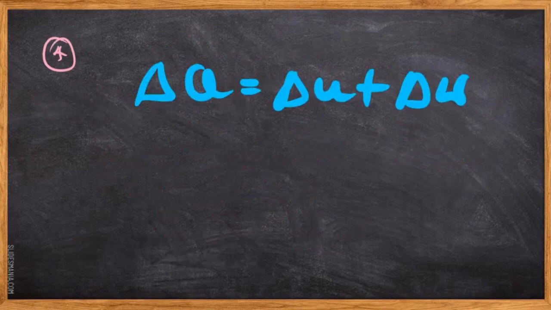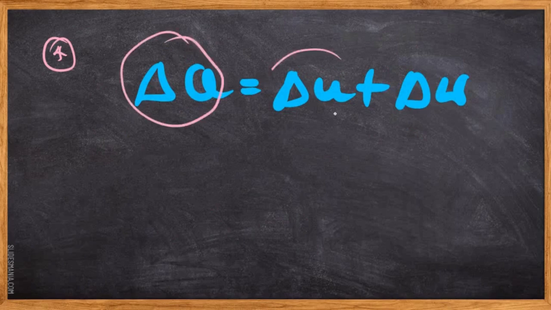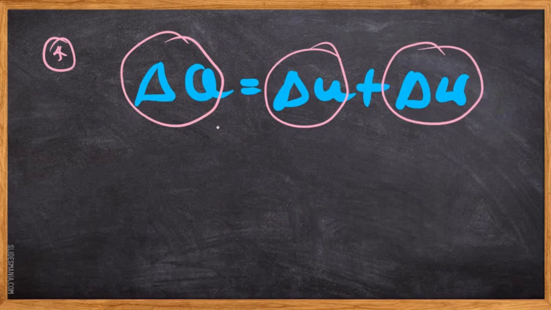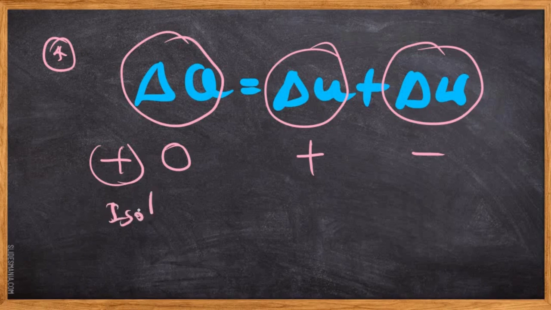Moving on to the fourth one. Here delta Q, delta U and delta W are the basic points. They will be giving a table saying this is plus, this is minus, this is 0, this is plus, likewise. From the question, we need to identify whether the process is isothermal or adiabatic.